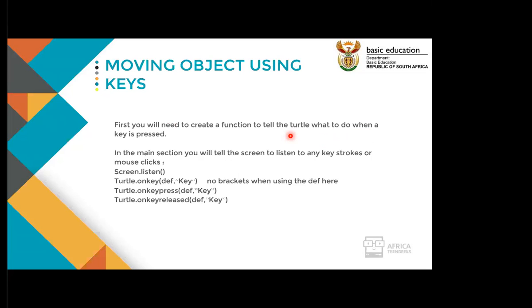So we're going to create functions first to tell the turtle what it must do when that key is pressed. So for every onkeypress or onkeyrelease, there has to be a function. If you notice, I said the definition and then the key. There has to be a definition, a function created to do that keystroke.